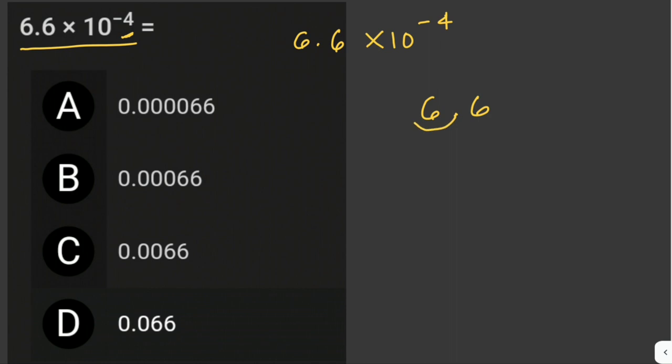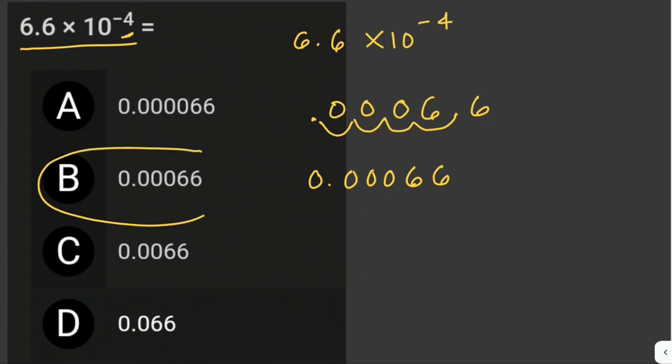So that would be 1, 2, 3, 4. We have 0 here, 0, 0, and then our decimal point there. So that means this is just equal to 0.00066. So we have 3 zeros there. So our answer is letter B.